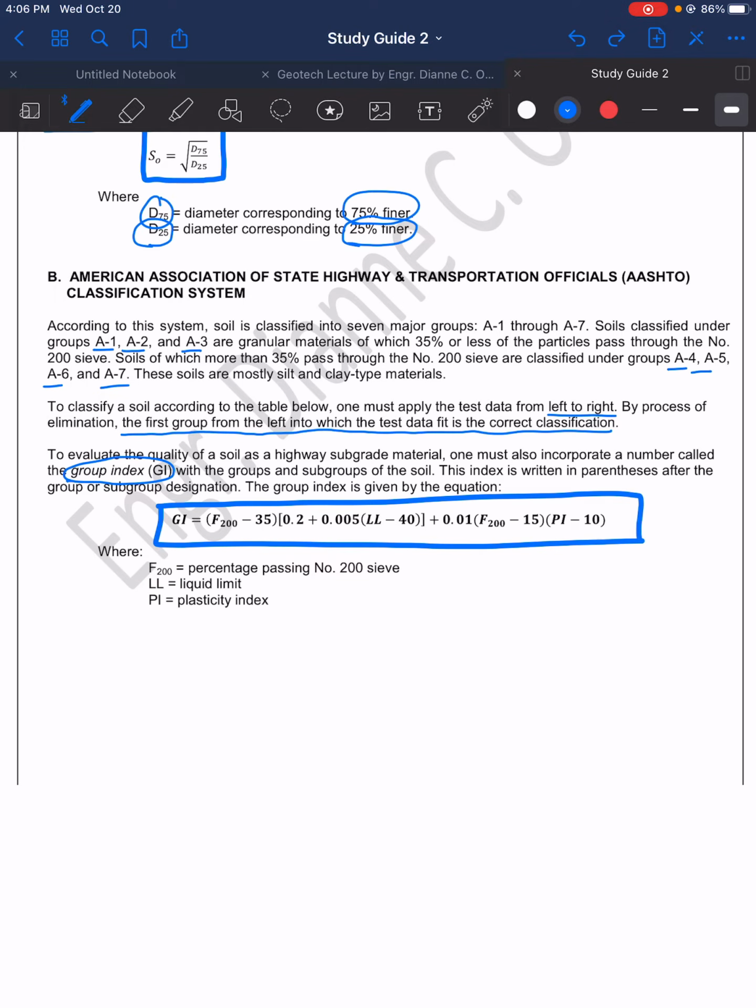So (F sub 200 minus 35) times [0.2 plus 0.005 times (liquid limit minus 40)]. Okay? So that's the first term. Next, the second term here is 0.01 times (F sub 200 minus 15) times (plasticity index minus 10). Okay? So, group index is divided into two terms. So, what are these two terms here?